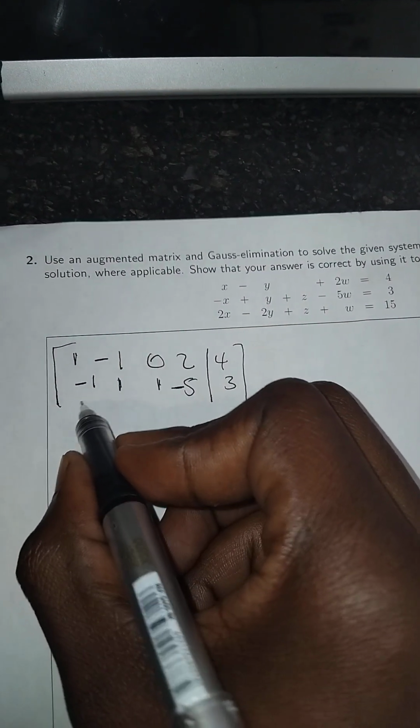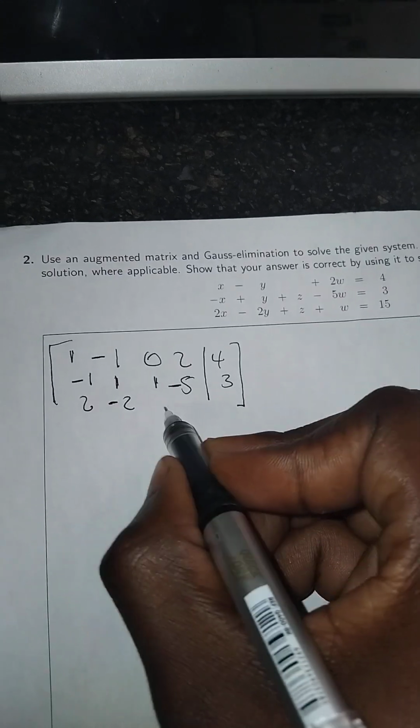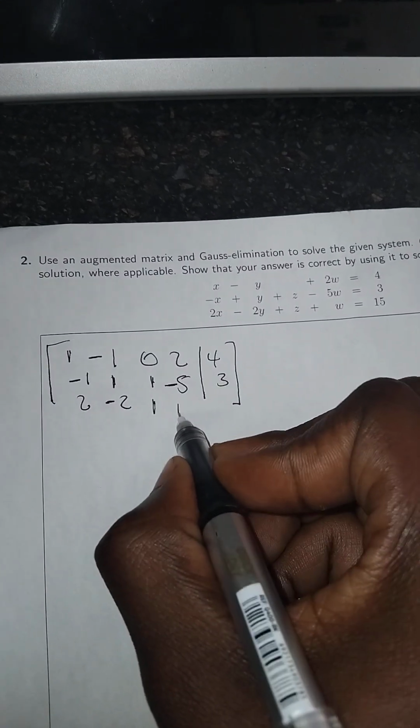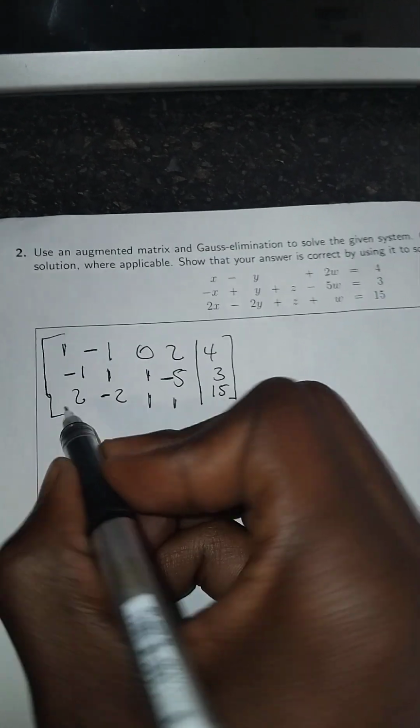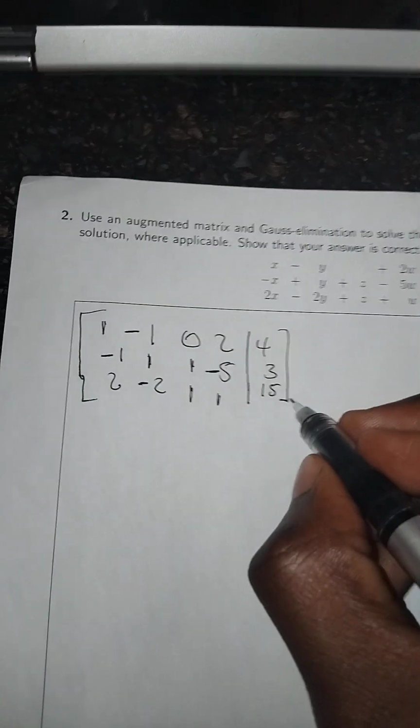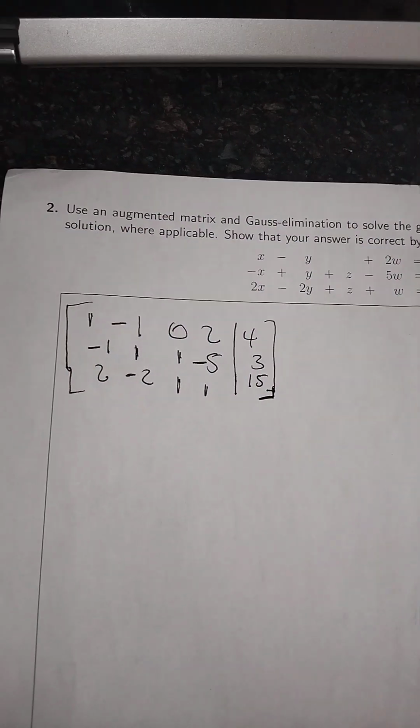Then 2, minus 2, 1, 1, and 15, like that. So what we have to do now is apply our operations.